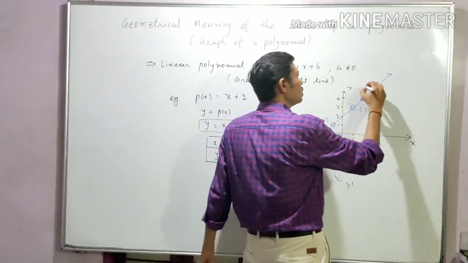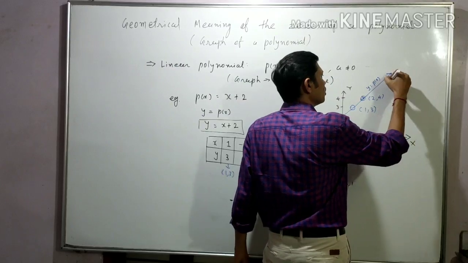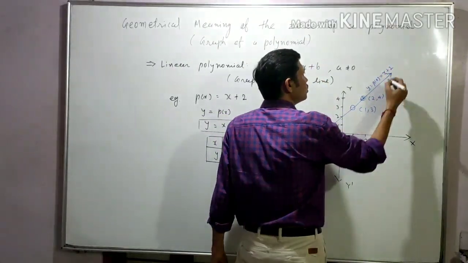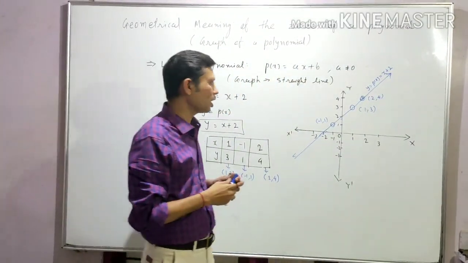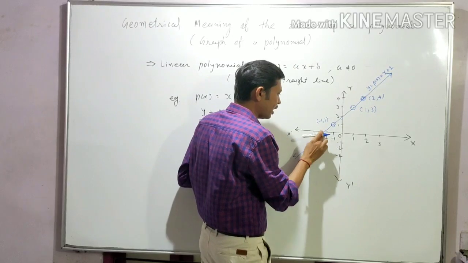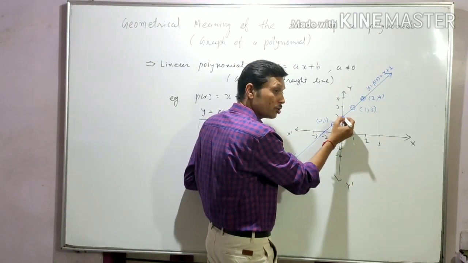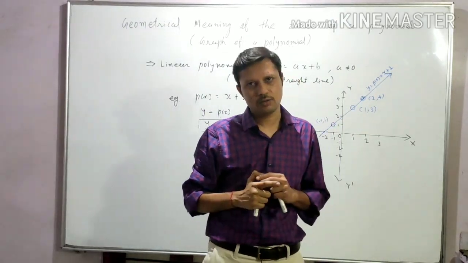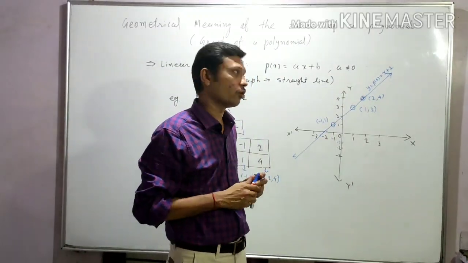Okay, so this is the graph for y equal to p of x, and p of x is x plus 2. Now see, bachcho, you can see this graph intersecting the x-axis, and it is intersecting the y-axis also. But this is our polynomial in variable x, so we have to check the y coordinate when it will be 0.